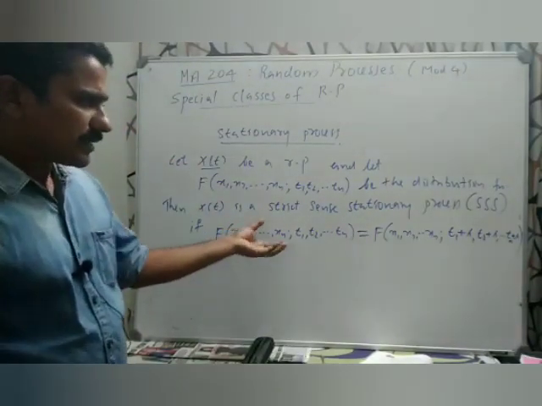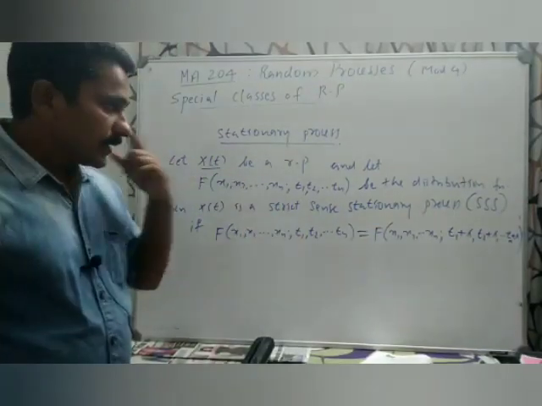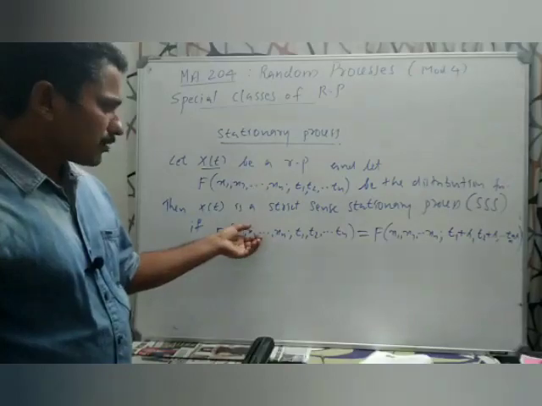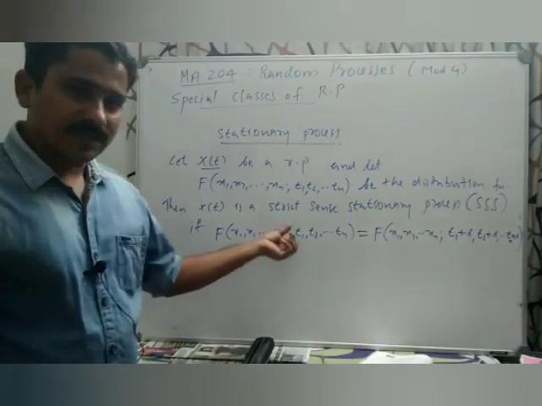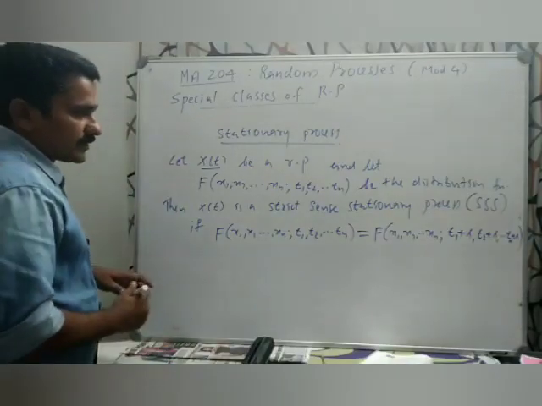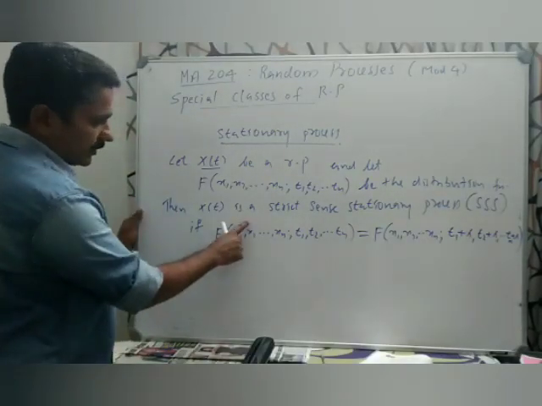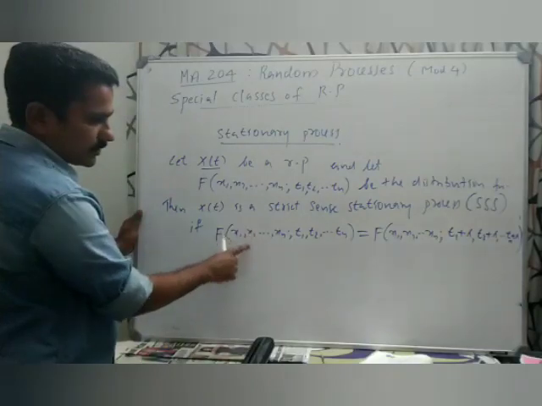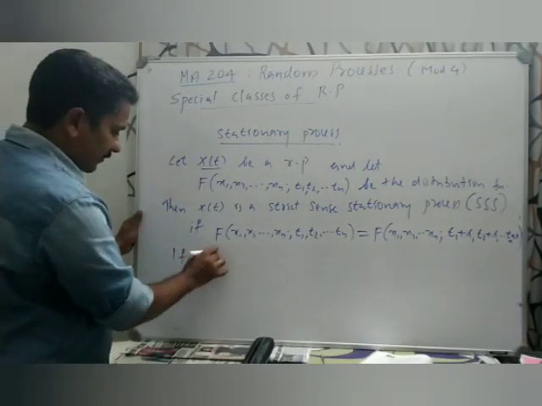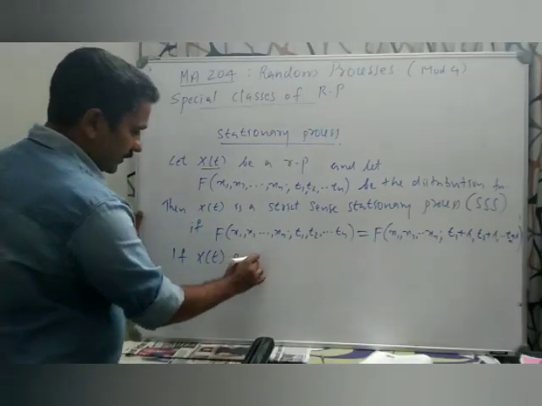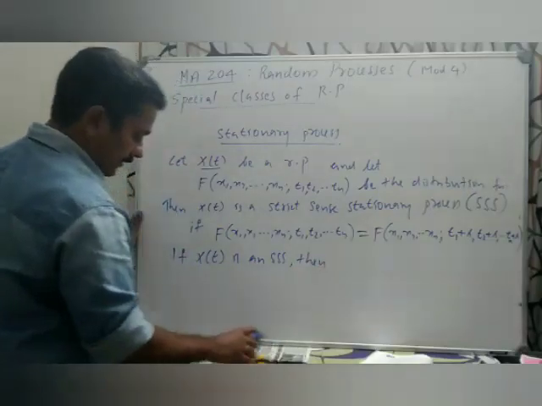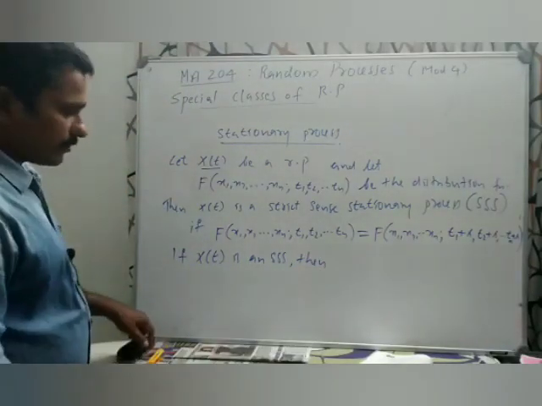Though this condition seems to be simple, this one has a very strong correlation between these random variables x1, x2, etc. xn. At least two of the implications are, if x of t is an SSS, then these two conditions will be satisfied.